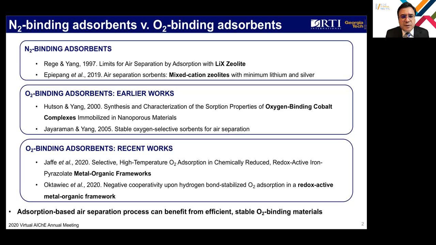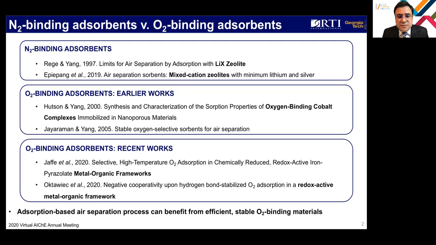Some of the earliest open literature works include those of Yang. And in this case, the materials are particular in the sense that they try to emulate the way that biological systems fix oxygen, and therefore the name oxygen binding. And from these cobalt complexes, so-called covalent materials are an example of this type of materials.